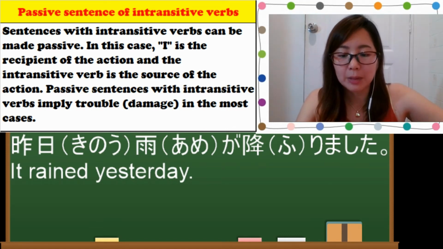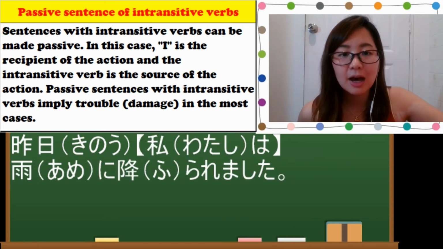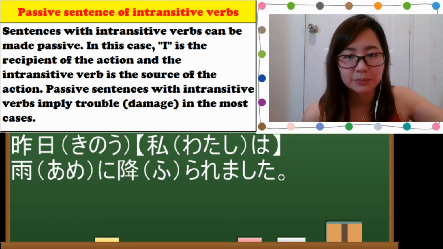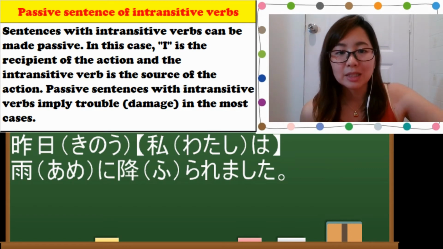When I make it passive form, it becomes 昨日私は雨に降られました。So I is the recipient of the action. We can always omit the 私は part.